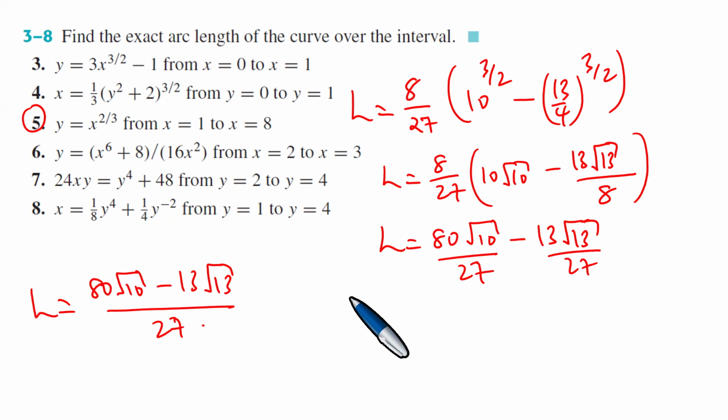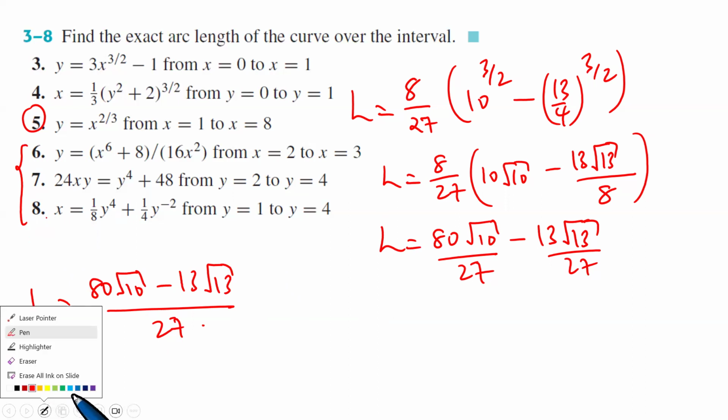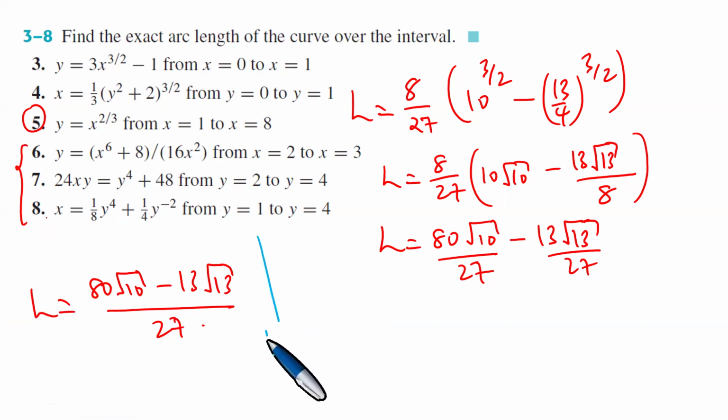But we did the arc length now. So problems 6, 7, 8 are homework. Those are your home activity on the arc length.